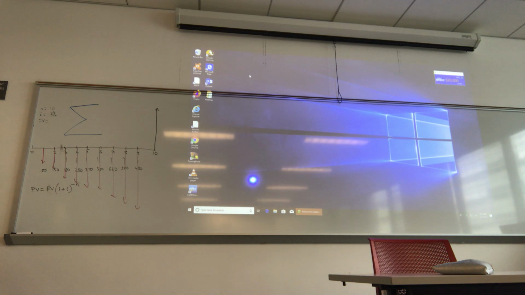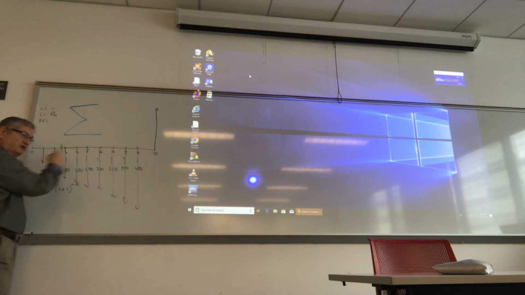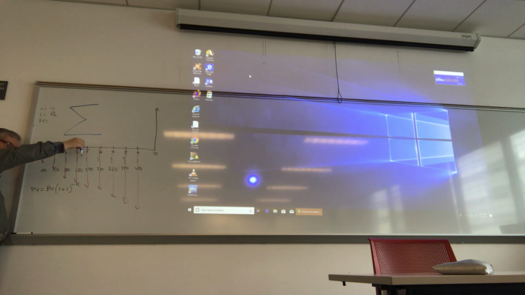Greek capital sigma, sum. You sum up what and how? By determining the present value. What do you sum and when do you sum? The present value of those cash flows. Good. You have future flows, either outflows or inflows.